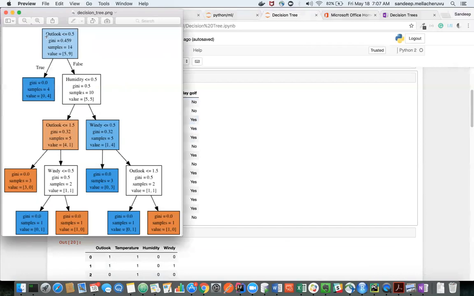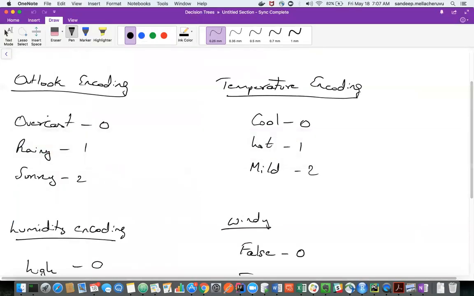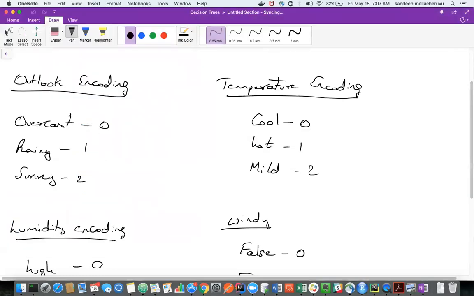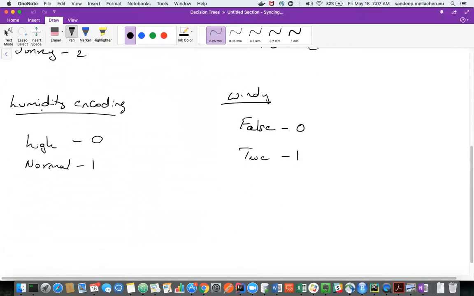For example, if I say outlook less than 0.5, what is outlook less than 0.5? Anything less than 0.5. Here outlook equals overcast. So that is the condition here. Instead of writing outlook less than or equal to 0.5, I'll rewrite it as outlook equal to overcast.